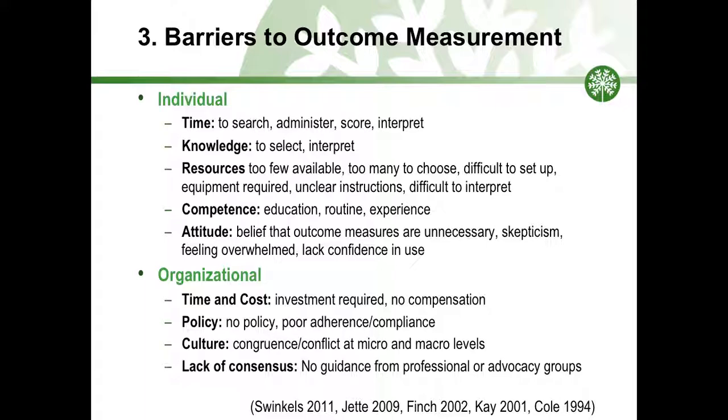So there are some barriers to outcome measures. One of the really good tools that we're going to talk about at some point is the Canadian Occupational Performance Measure, but it can take up to an hour to score, and so that can be a barrier at times. If you don't know a lot of outcome measures, that could limit your ability to select the correct tool. There's a lot of them to choose from. Some of them require a cost to administer or to use the score form.